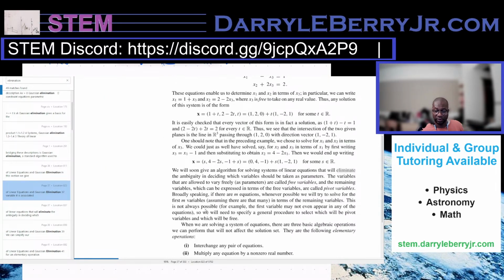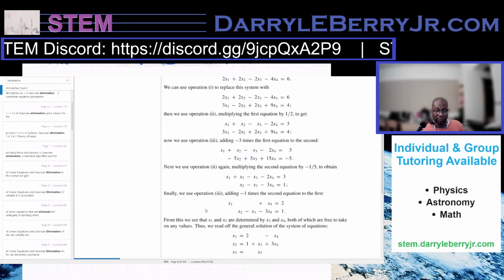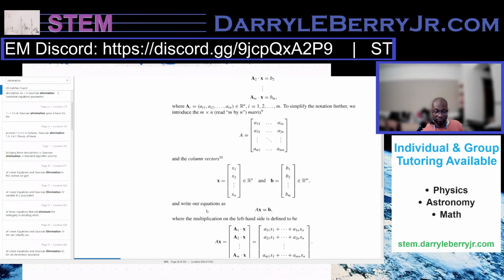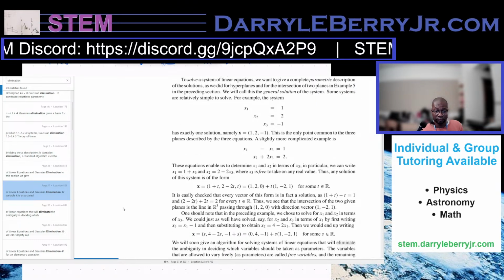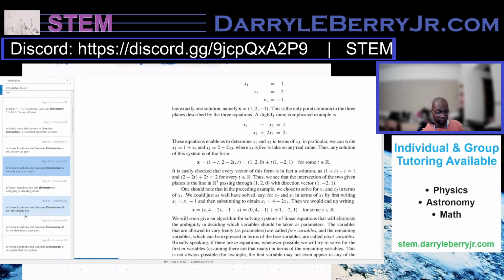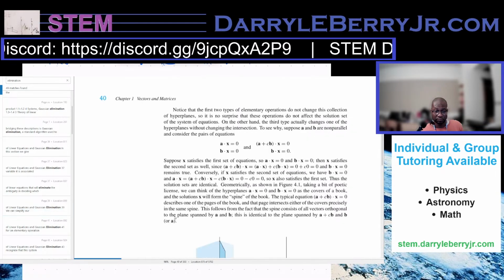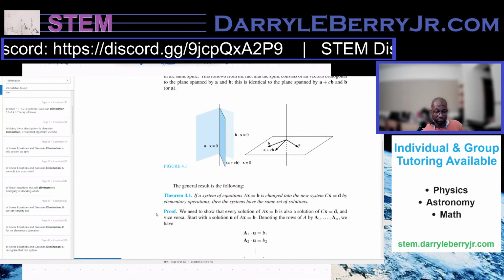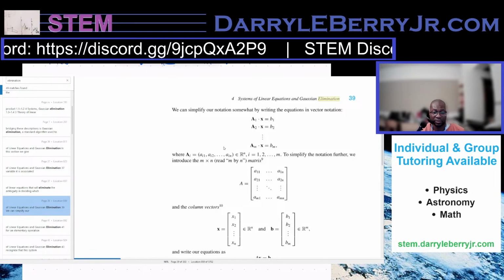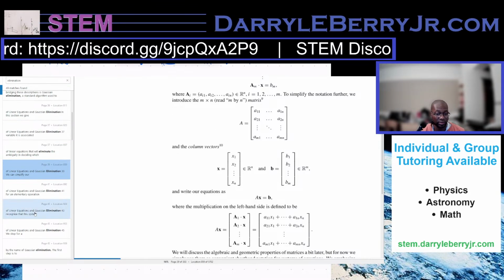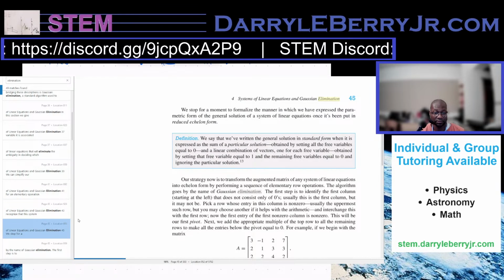Trying to find this one spot, but apparently there's not just a quick way.